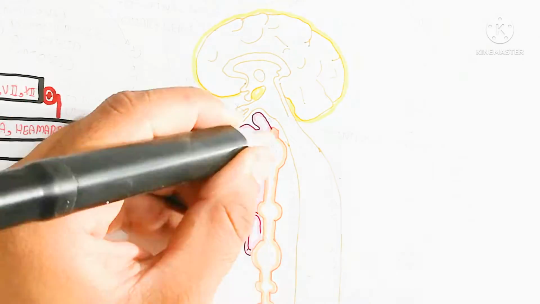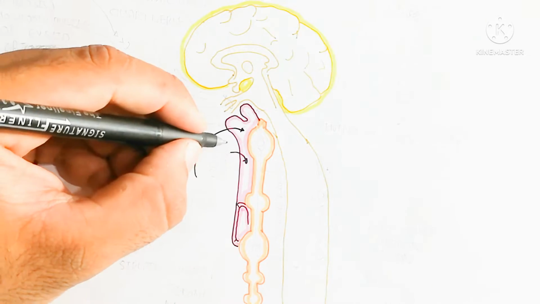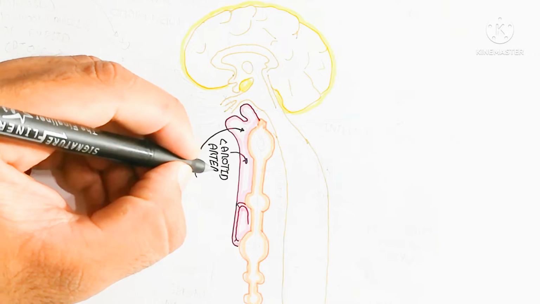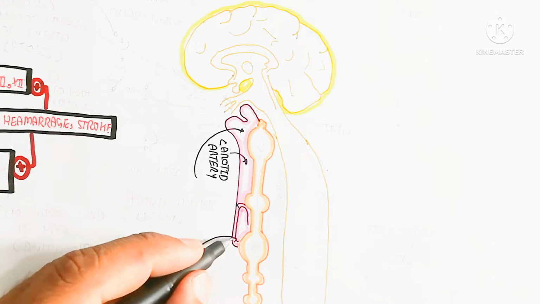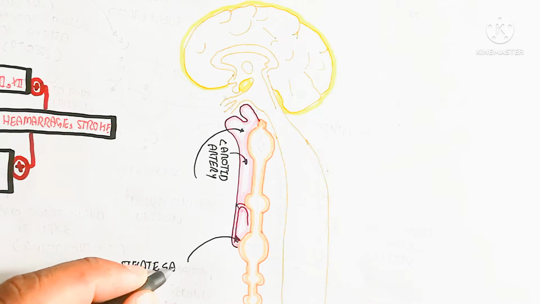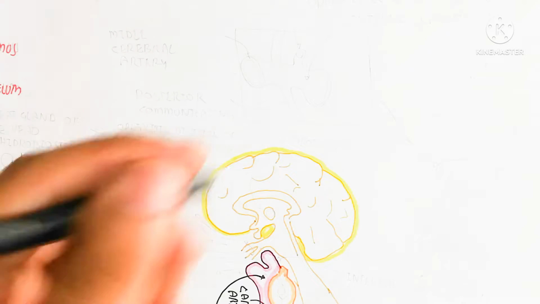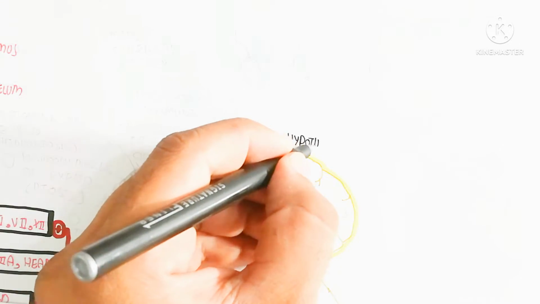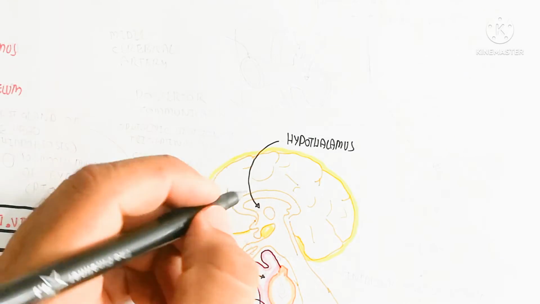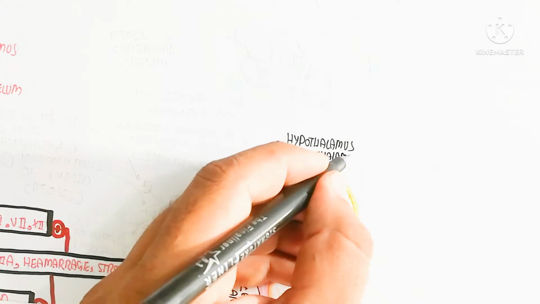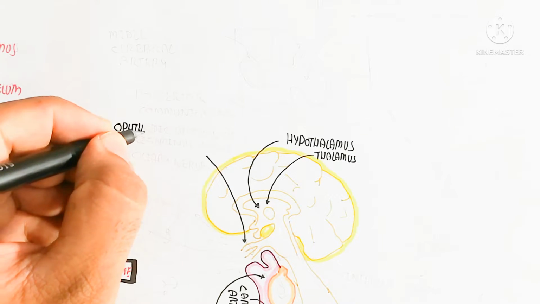For understanding this, the orange color shows the sympathetic chain, and this is the first order neuron, second order neuron, and third order neuron pathway. First of all, this is the hypothalamus and the thalamus. This bulging structure is the stellate ganglion. Below the thalamus is the hypothalamus, and below the hypothalamus, the pituitary gland is present.